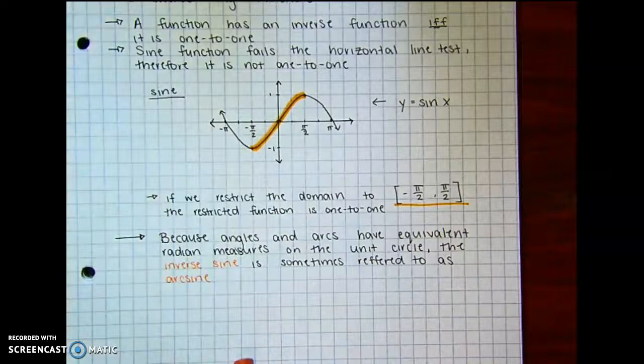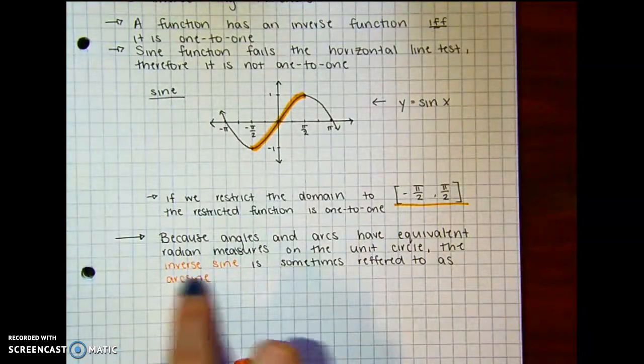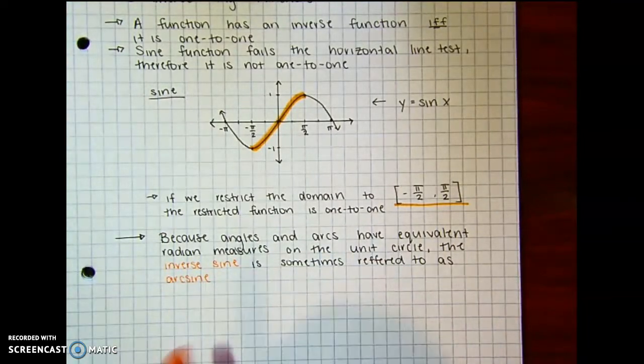So you guys are used to seeing inverse sine, and it's not written out this way, right? It's sine with the little exponent of -1, but you could also write it as arc sine.